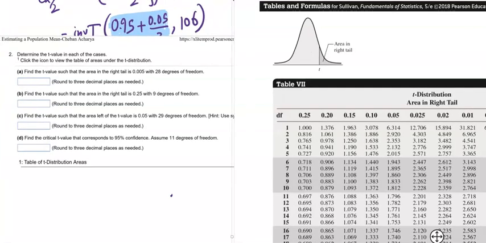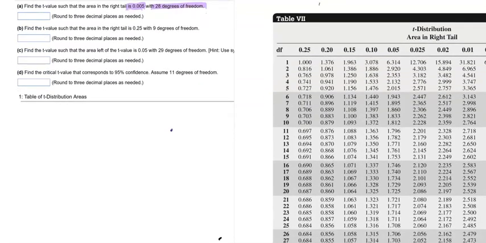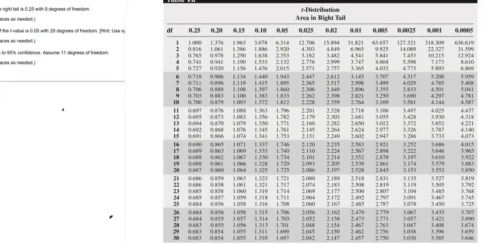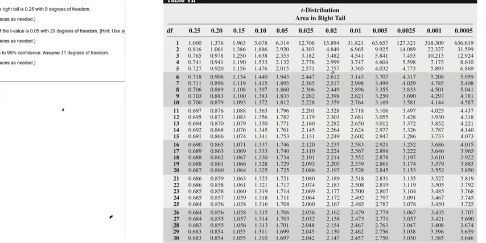So in this case, what's the right area here? The right area is 0.005. Here is the right area, and the degrees of freedom is 28. So you basically look for 28 and 0.005. Watch. So 28 here and 0.005 is here.